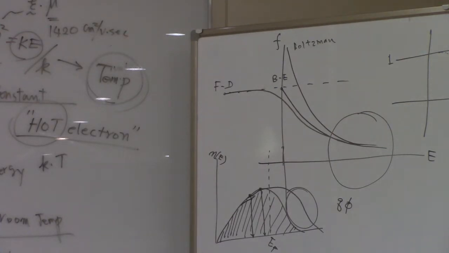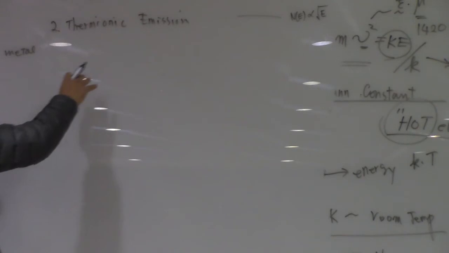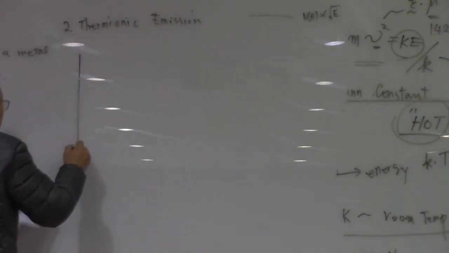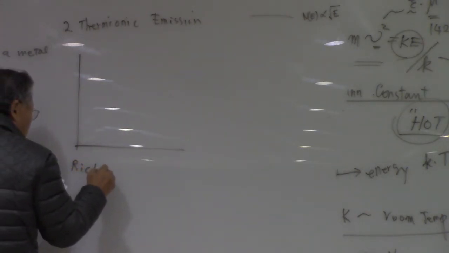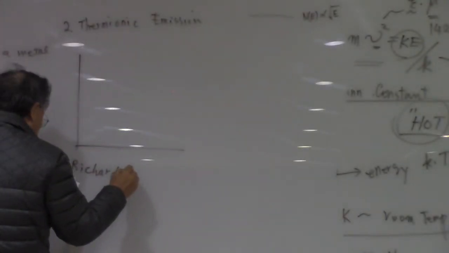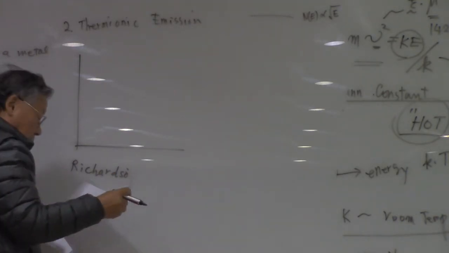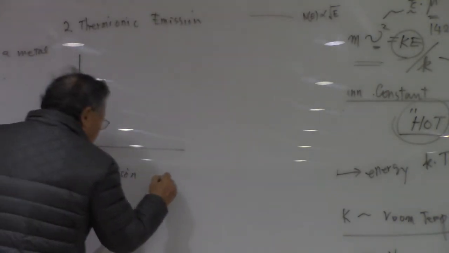So if you have electrons by the thermal energy, that is the thermal emission. If you have electrons coming out from the metal by the light, then we call them photo emission. It's very simple. And then if you do the simple calculation, you're going to have the Richardson equation.